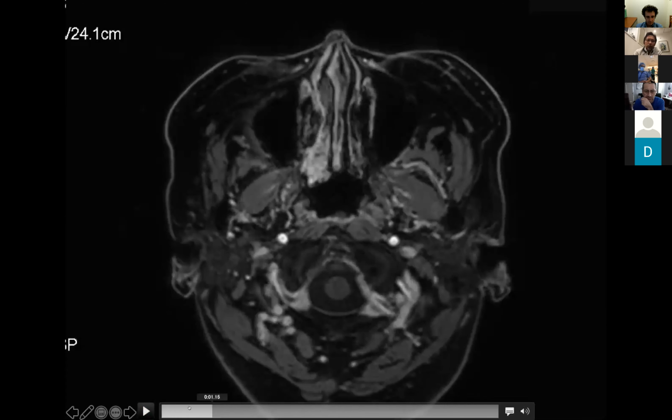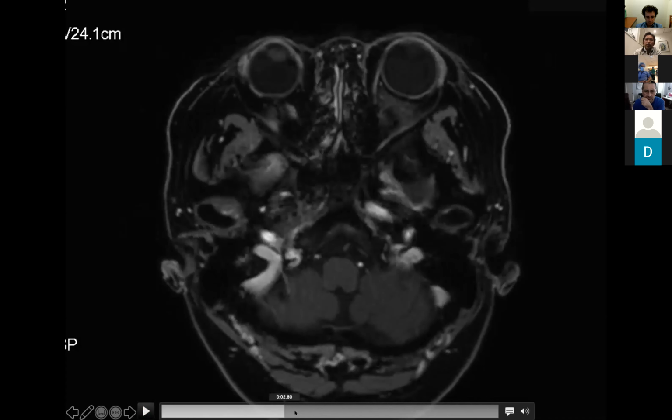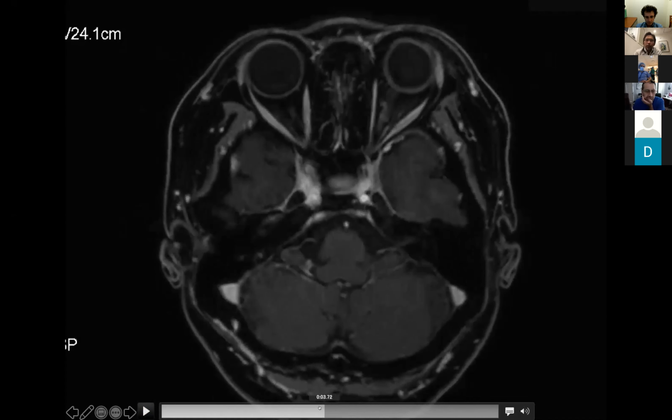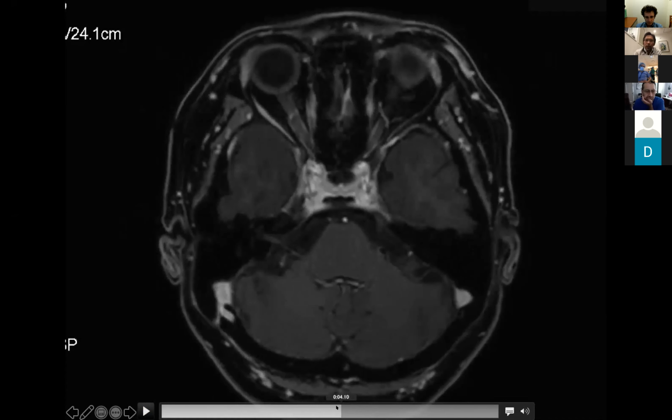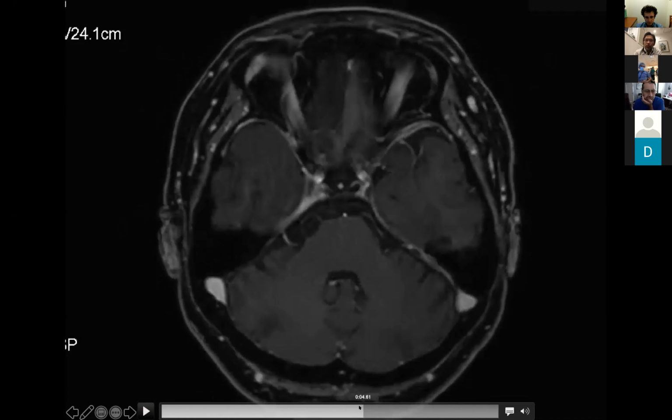We also do this volumetric enhanced MR, and I've noticed you're doing the same thing. We do fat suppression to remove the fat, which would be too white on the MR, just to erase the fat in the bone marrow and all the rest. Once you have that, you get better visualization of the veins.